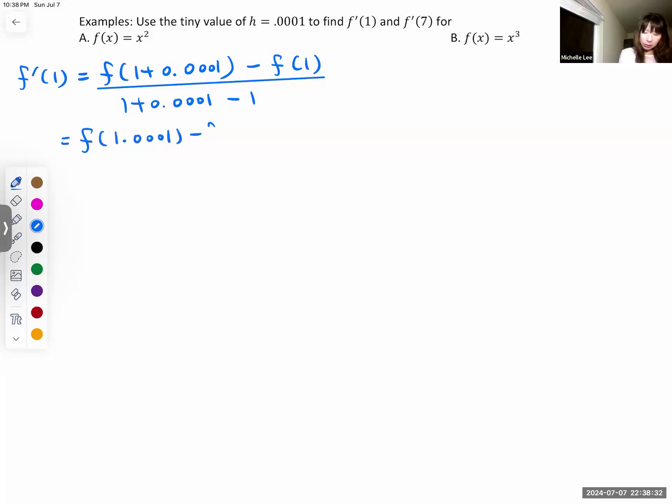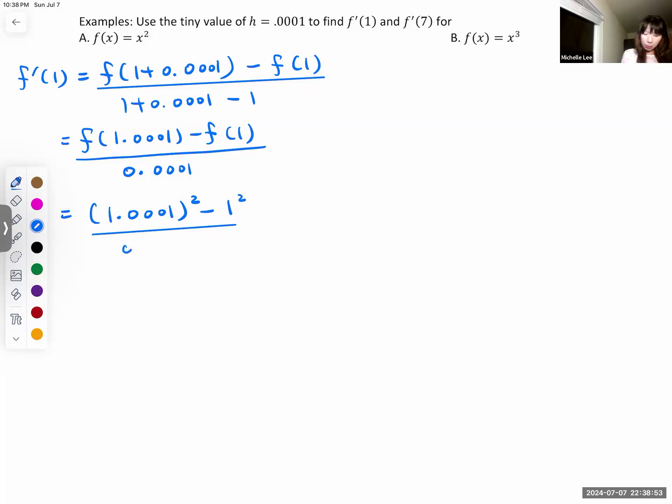Over 0.0001, right? So there will be 1.0001 to the second power minus 1 squared over 0.0001, right?